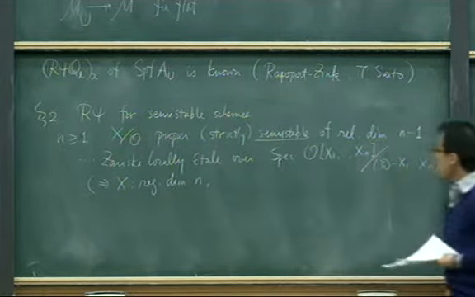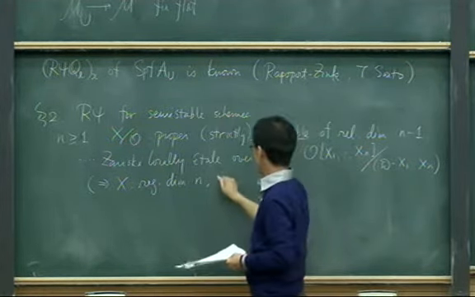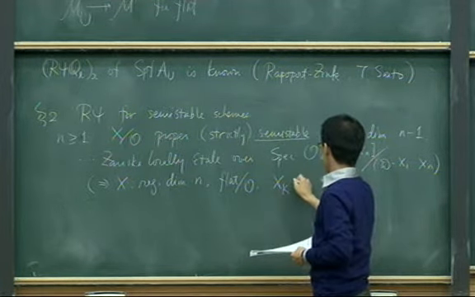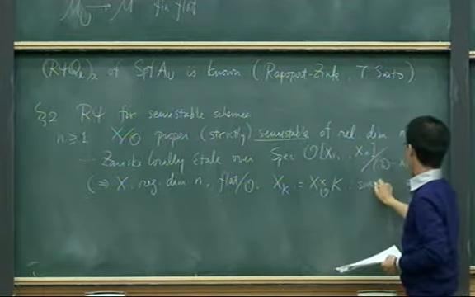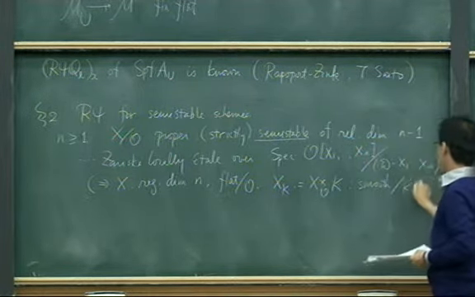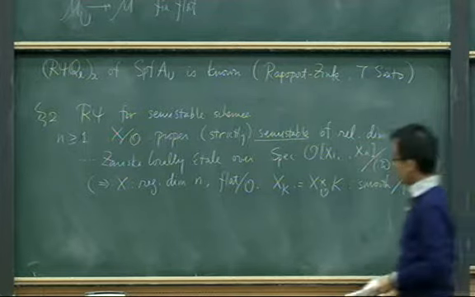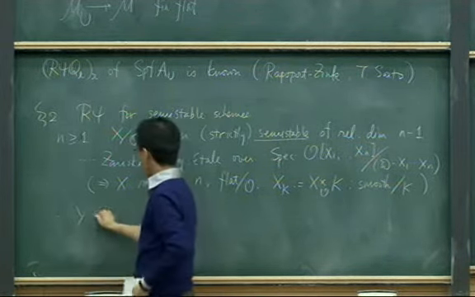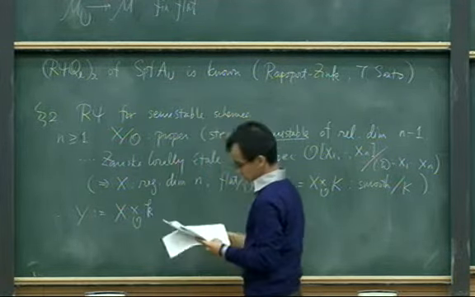So this, in particular, means that X is regular of dimension n. This is flat over O. And the generic fiber is smooth. I have to introduce some combinatorial notations. So Y is my special fiber.